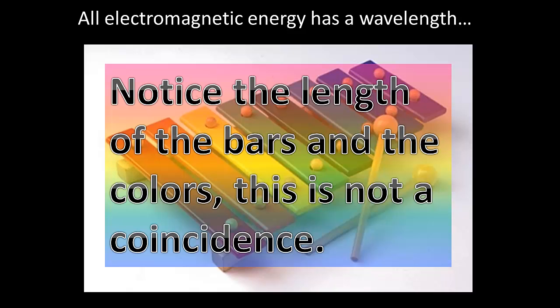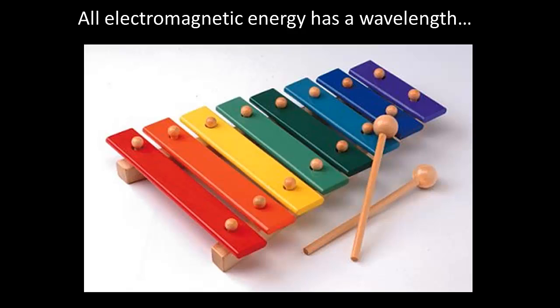Yes, you can say that it is a rainbow, which is another example of different wavelengths of light. But it is no coincidence that the longer bar is painted the same color as the longest wavelength of visible light, red. Likewise, it is no coincidence that the shortest bar is painted the color of the shortest wavelength of the visible light spectrum, or violet.